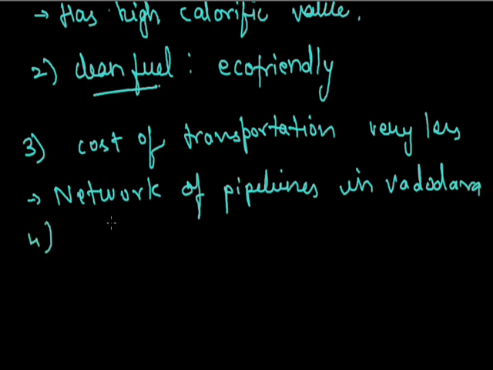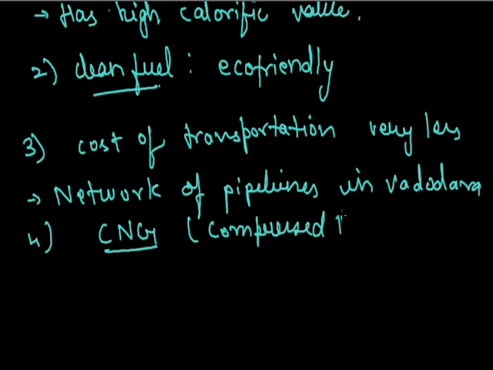First of all, this was started in Delhi, CNG. Now it has been increasingly used everywhere. This is what is called compressed natural gas. Natural gas, which we are discussing here, when we compress it under high pressure, it is compressed natural gas.